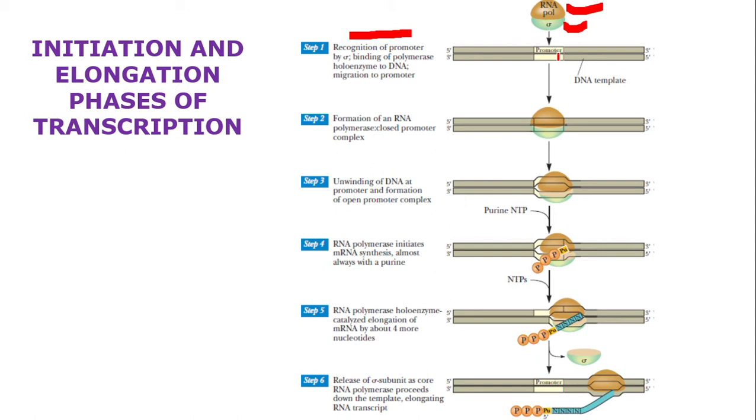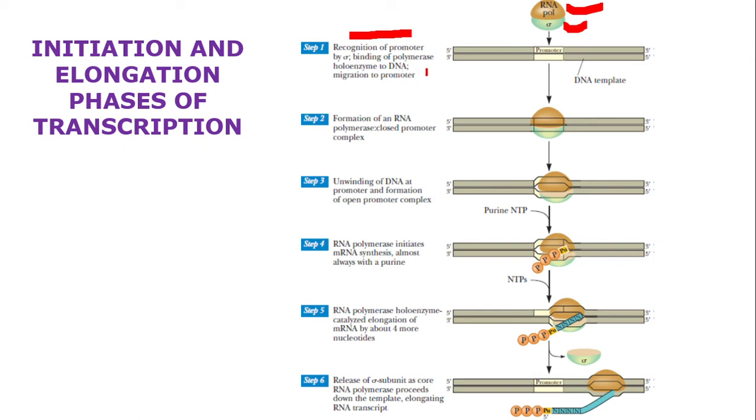I did not tell you one thing. All references, all terms we use in this context are with reference to the coding strand or non-template strand. So we say promoter is a region on the coding strand.